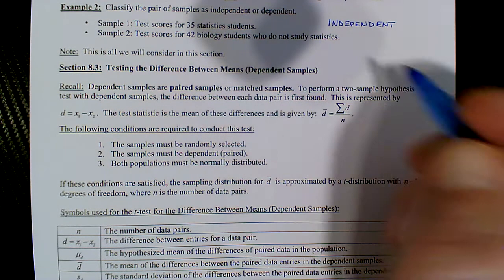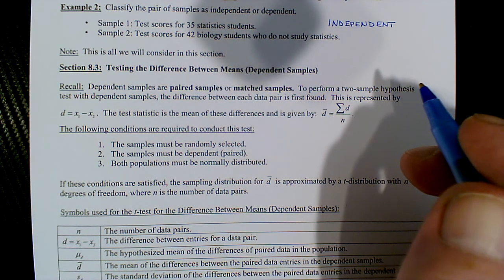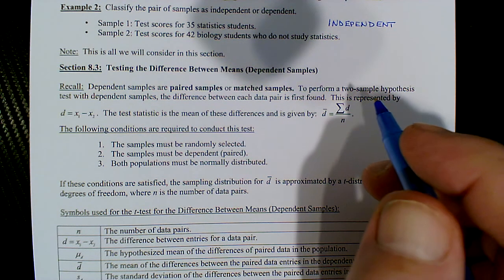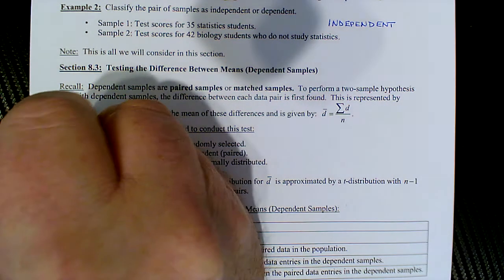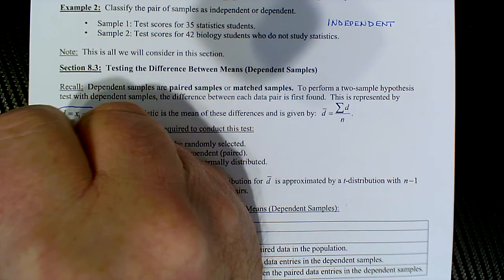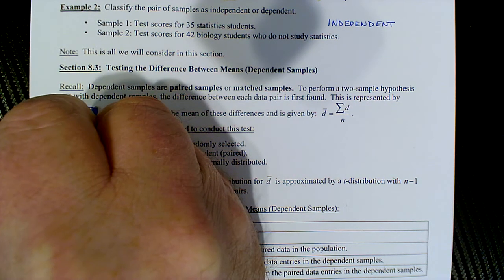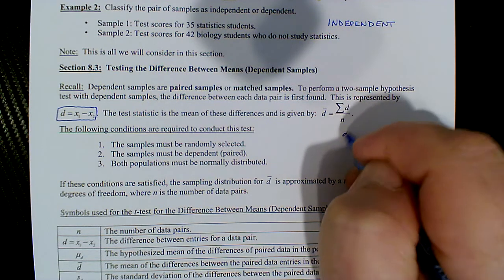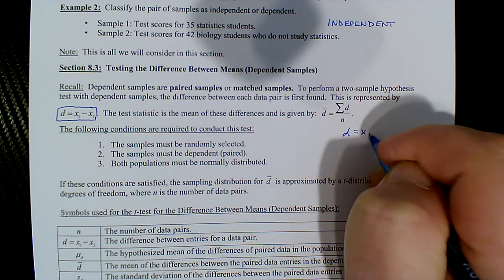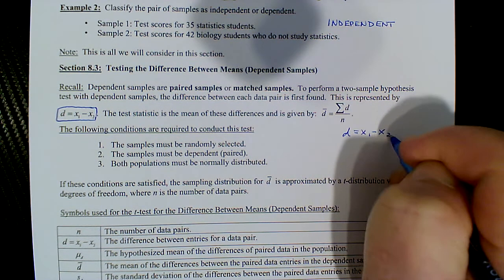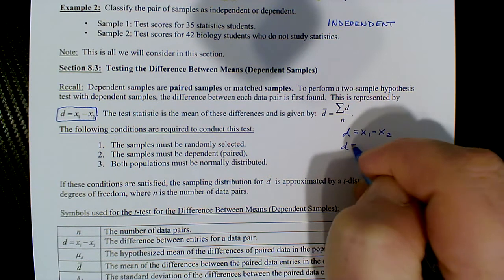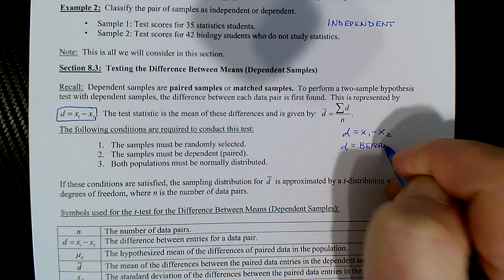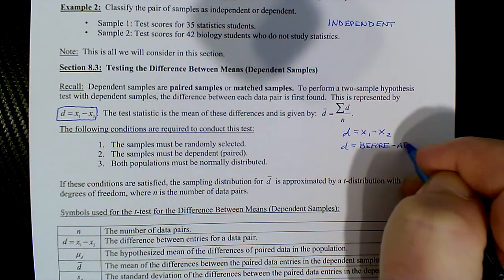We call it testing the difference between means. And what we want to calculate first is the difference between each matched pair. And so we're going to use D equals x1 minus x2, but the x1 will represent the before, and the x2 is going to always represent the after.